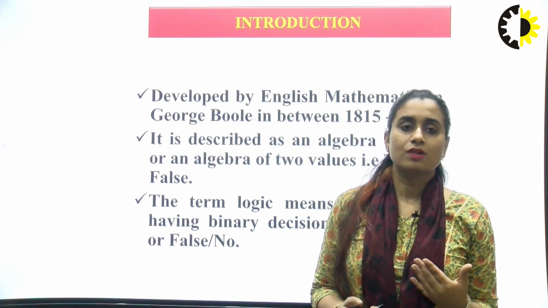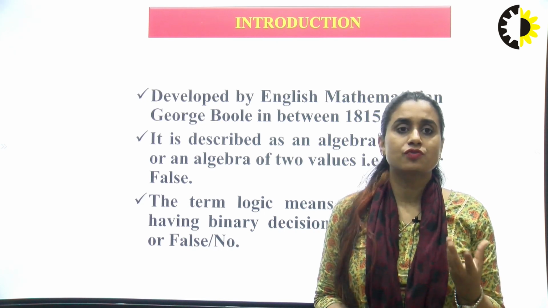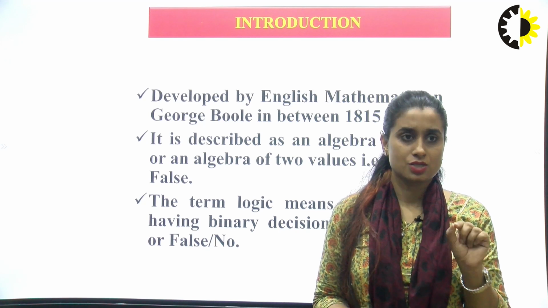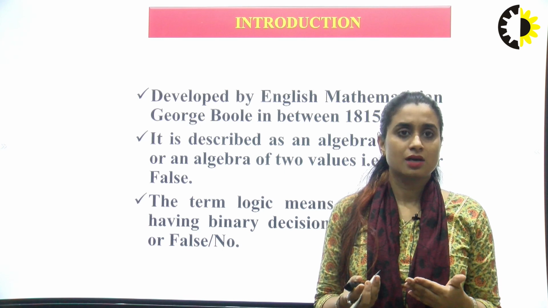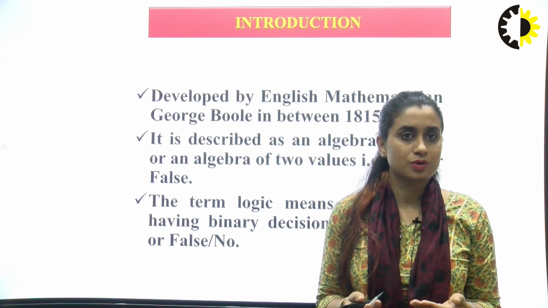We can think of a logic as a switch for a bulb, which closes when we switch it on, right? So it is true or on when the binary input is 1, and it is false or off when the binary input is 0.